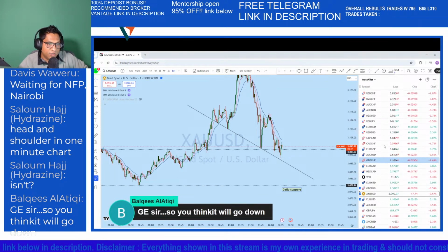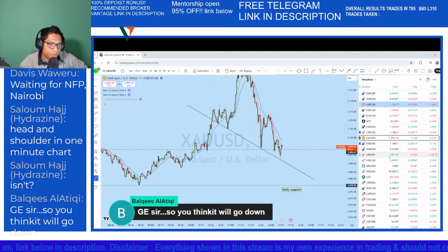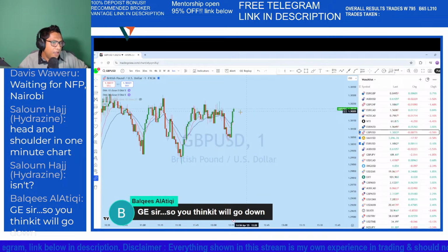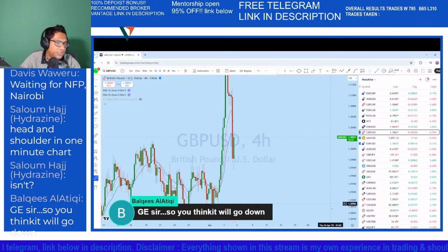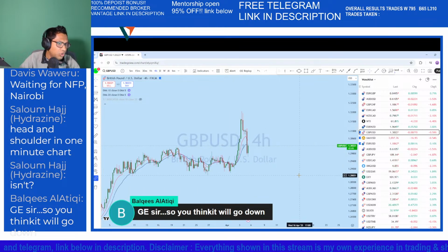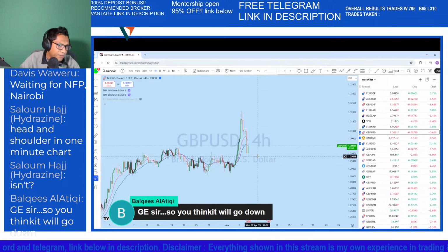Okay, so GBP USD also we'll be looking at to see what's happening now. On British pound US dollar, we saw that there was a complete breakup structure here.